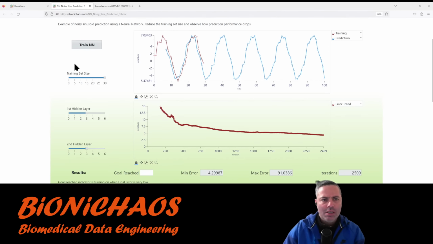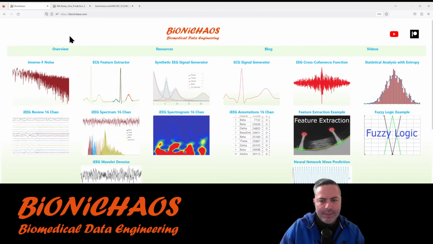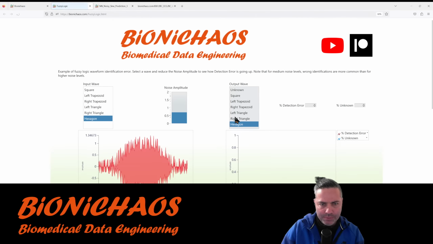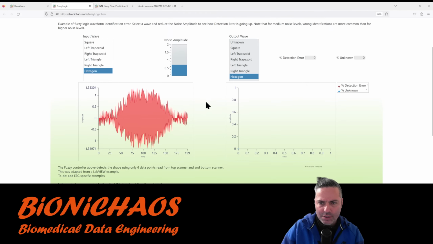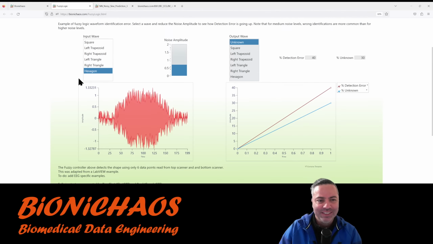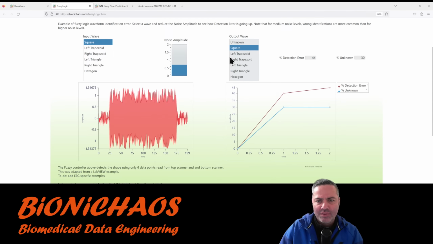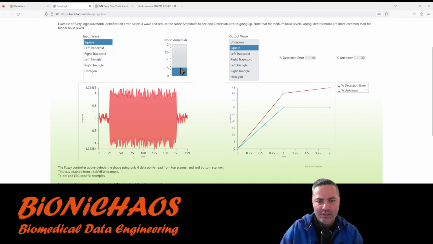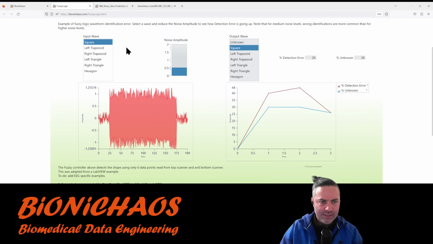Anyway, let's get back to it. Normally we test the site in some sort of random fashion. I don't know if that's what unit testing does as well, but this is a fuzzy logic thing that will show its prediction.